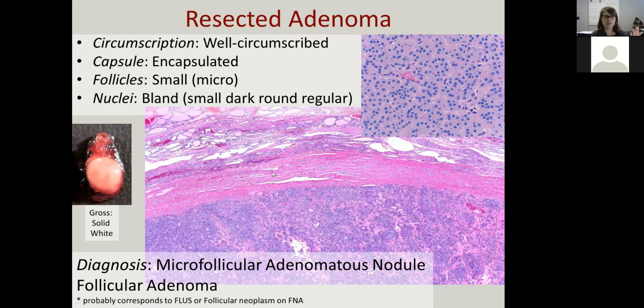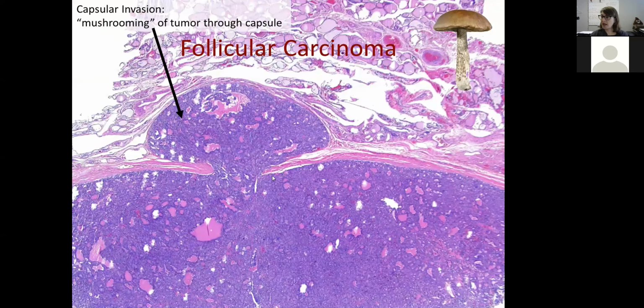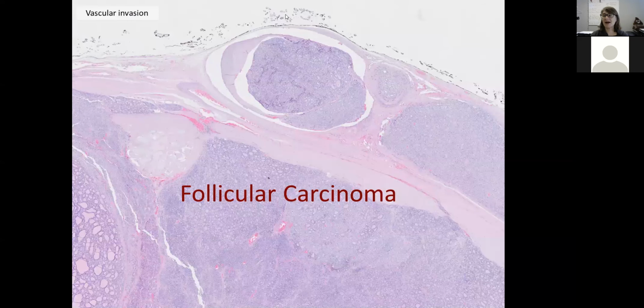Follicular carcinoma, as we will see, is defined by invasion through the capsule, capsular invasion, usually in the shape of a mushroom, so that's a nice pictorial to remember, or vascular invasion into blood vessels either in the capsule or in the periphery of the nodule. So the only difference between adenoma and carcinoma is in that invasion through the capsule or into blood vessels, neither of which we can see on FNA, right?